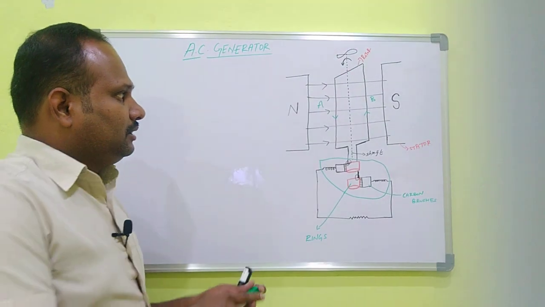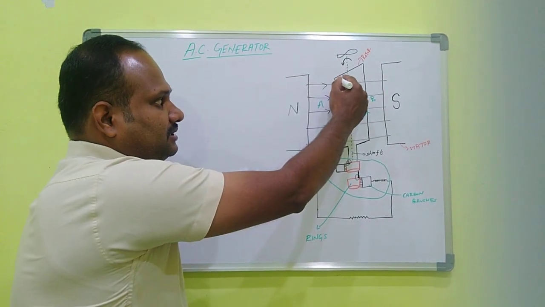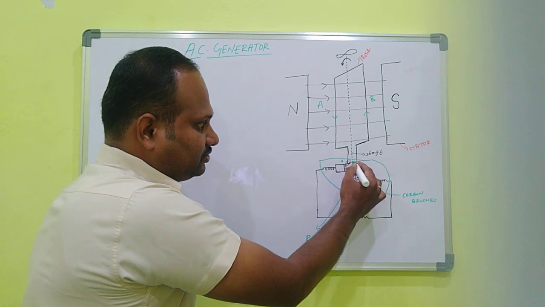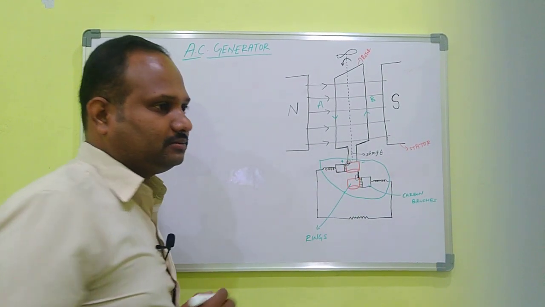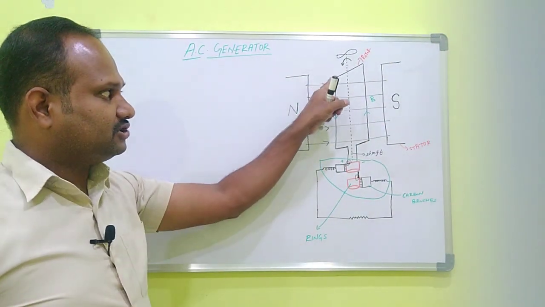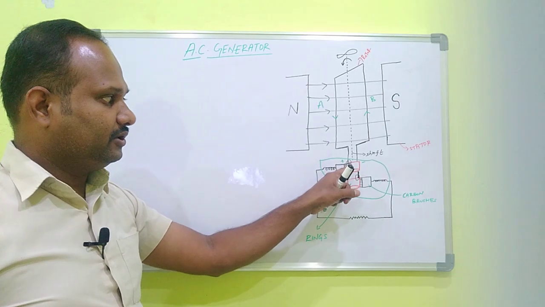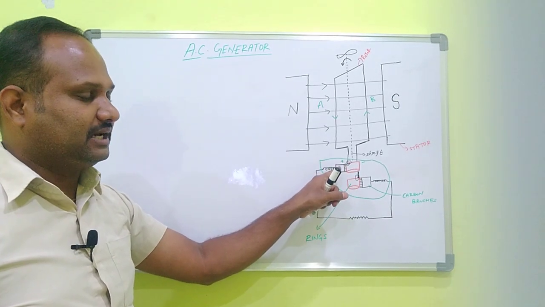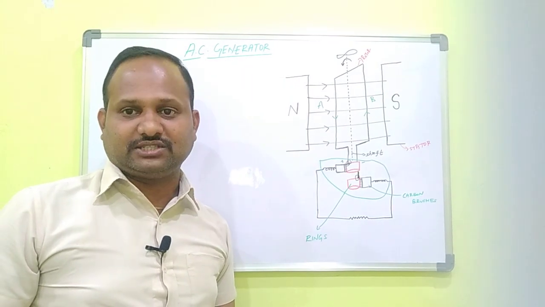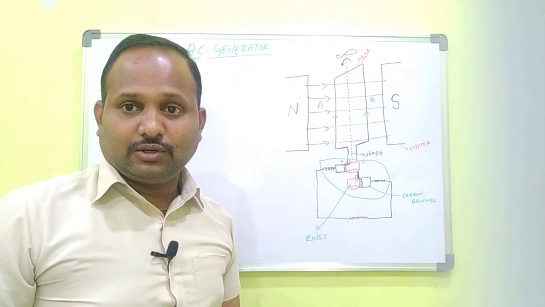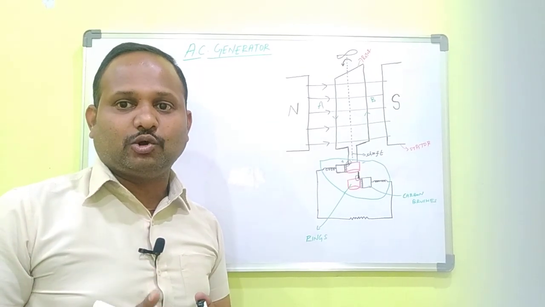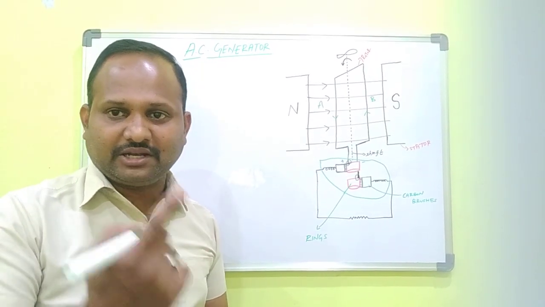Okay, good. What do we infer from this? The current comes from arm A, so this is taken as the positive terminal and this as the negative terminal. The current goes from A to the rings and then the carbon brushes, because the carbon brushes are all the time in contact with the rings even though the rings are rotating.